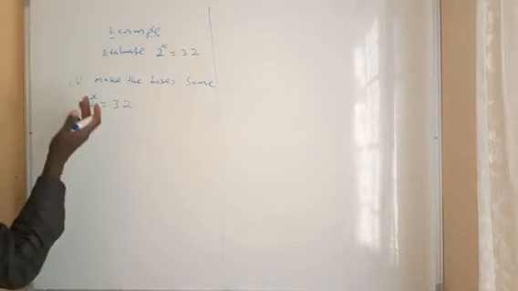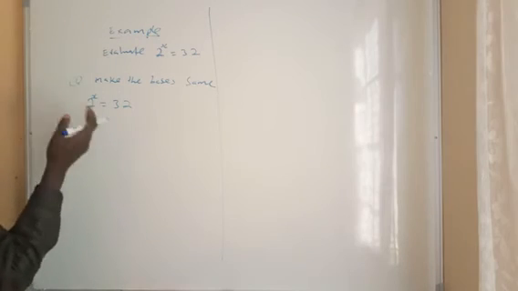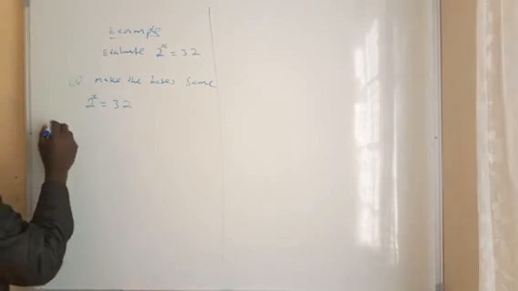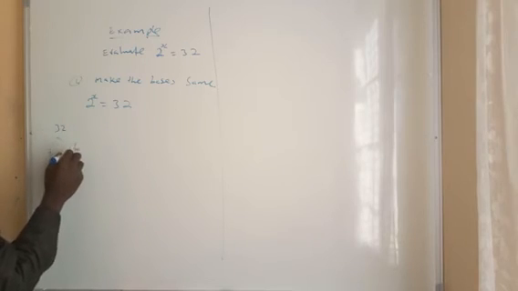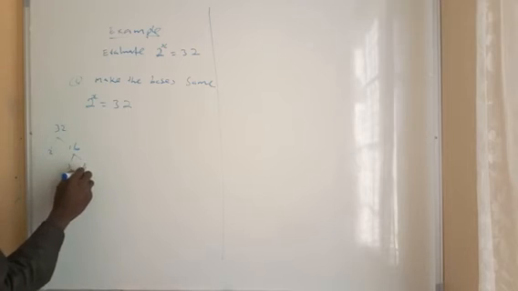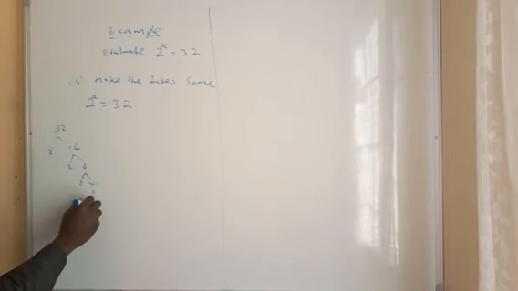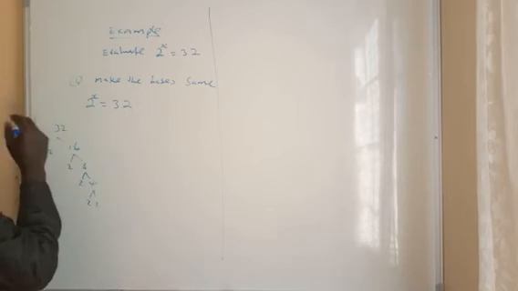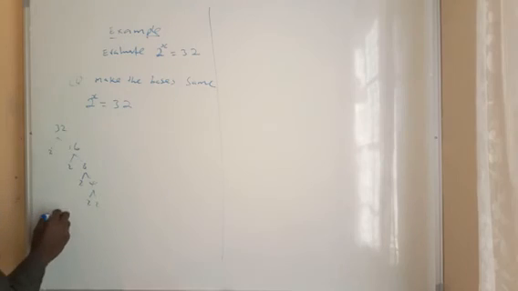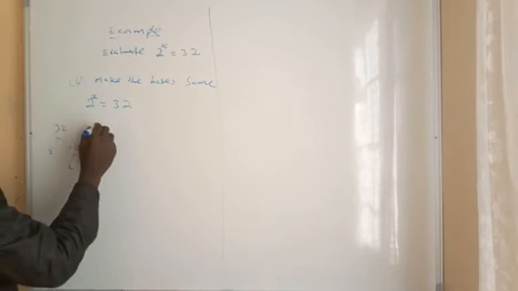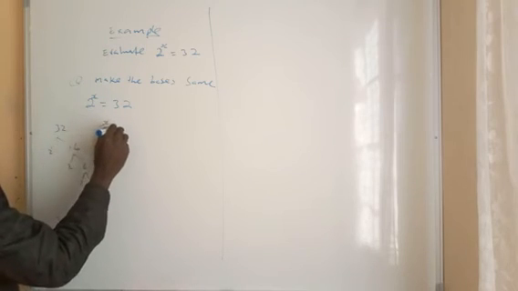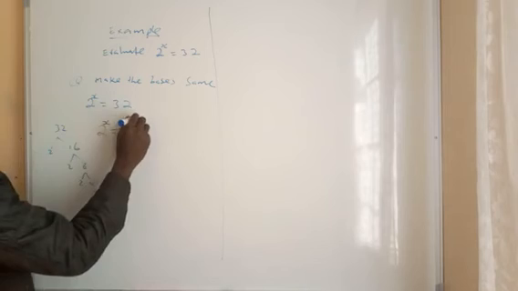This is lowest already, we can't make it any other base other than 2. So we find the factors of 32: 2, 16, 2, 8, 2, 4, 2, 2, 1, 2, 3, 4, 5. So 32 is equivalent to 2 power 5. So we say 2 power x is equal to 2 power 5.